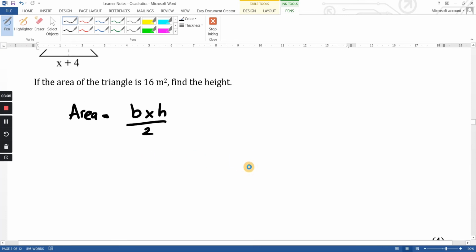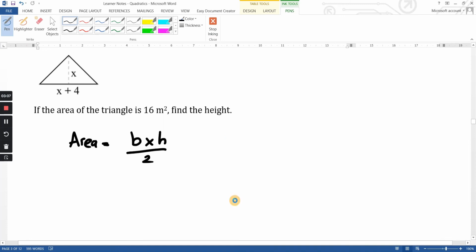For a triangle, what's the base? x plus 4 is the base, and height is going to be just 1x. So it's both of them multiplying each other. Let's write it like this for now, over 2, and they said the area is 16, so that goes there.